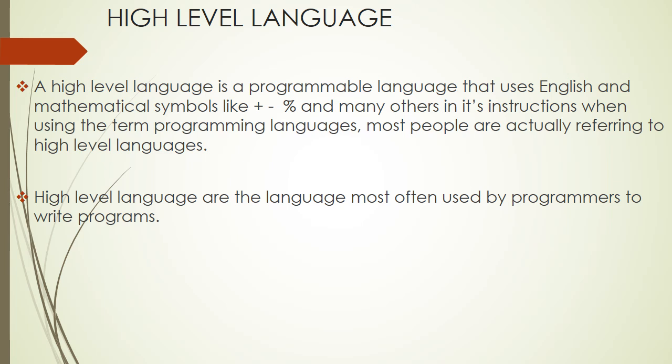When using the term programming languages, most people are actually referring to high-level language because they are designed in a form that individuals will be able to follow the protocols of those systems. High-level languages are the languages most often used by programmers to write programs. Those programs will bring out profitable results.